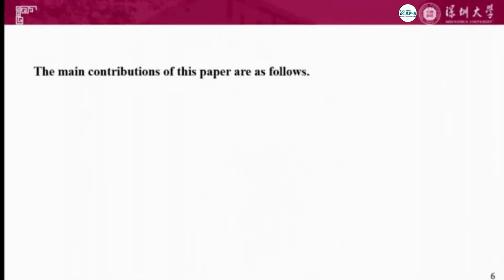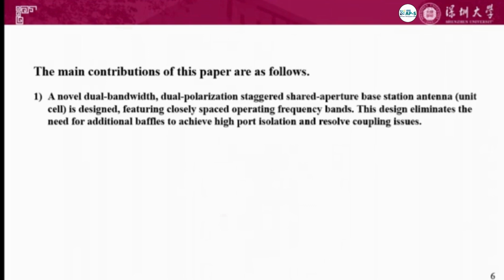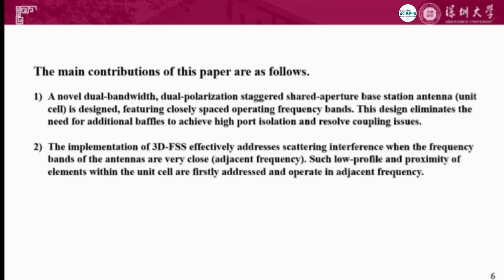A novel dual band, dual polarization staggered shared aperture base station antenna unit cell is designed, featuring closely spaced operating frequency bands. This design eliminates the need for additional baffles to achieve high port isolation and resolve coupling issues. The implementation of 3D-FSS effectively addresses scattering interference when the frequency bands of the antennas are very close, adjacent frequency.